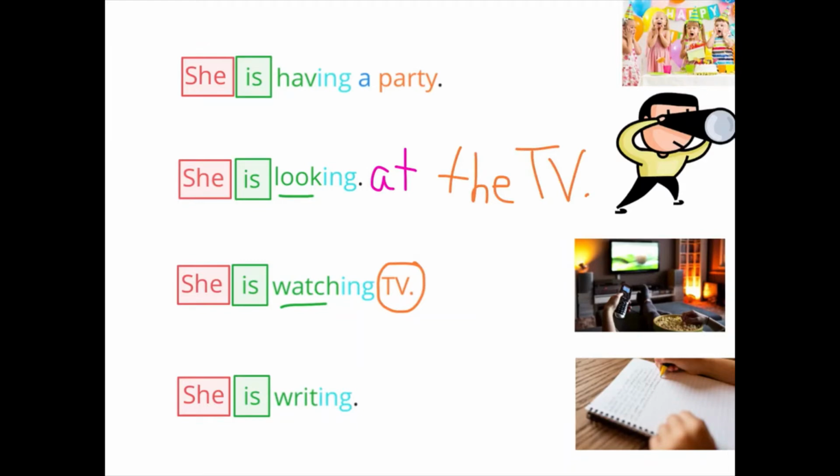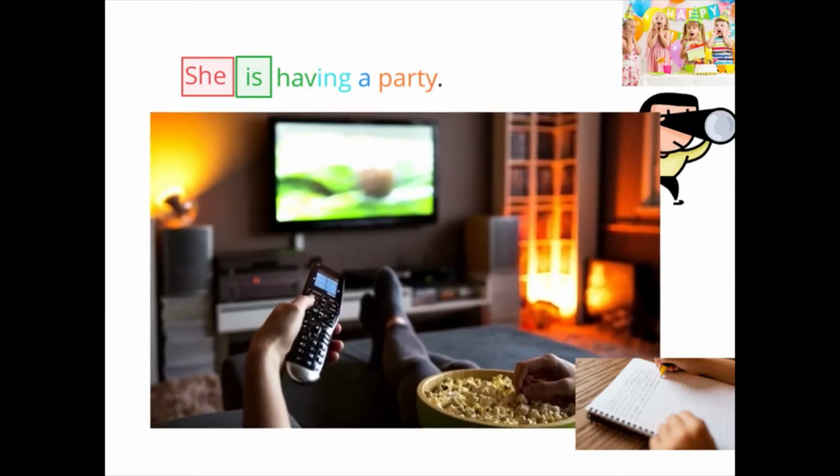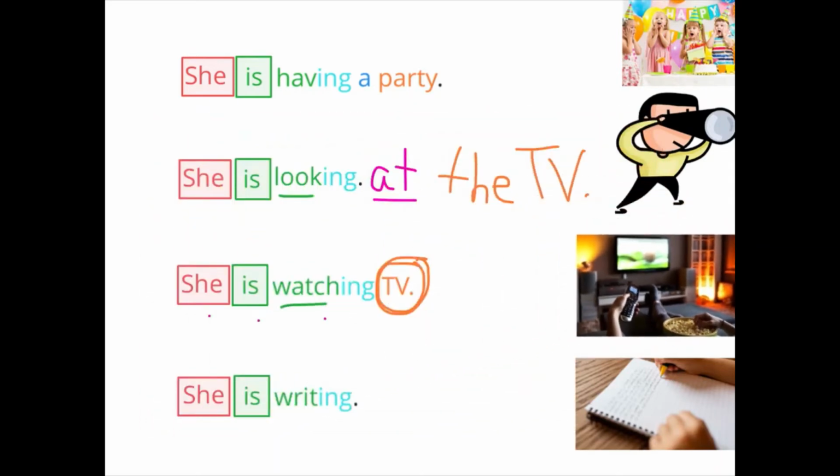But with watching, we do not use the preposition at. We do not say she is watching at TV. After the verb watching, we can just put our object. She is watching TV, or she is looking at the TV. However, when we're talking about TV, we usually use the verb watching. So this is the one that we would use. She is watching TV.